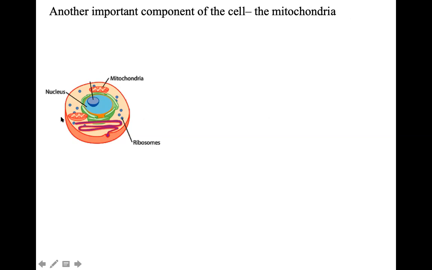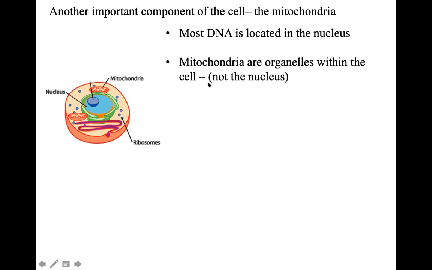So this is a kind of cross-section through a cell. This is the nucleus where our DNA is located. And what isn't the nucleus is called the cytoplasm. And in the cytoplasm is an organelle called the mitochondria. Most of our DNA is located in the nucleus. There's actually a bit in the mitochondria. And mitochondria are organelles within the cytoplasm.